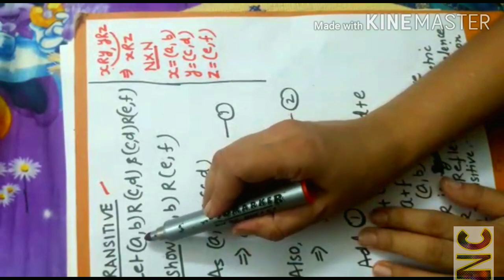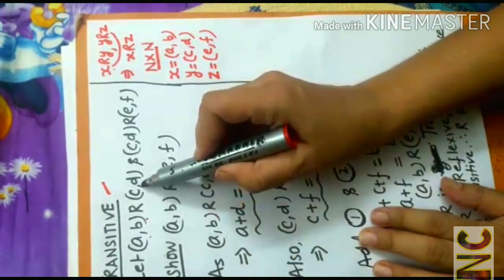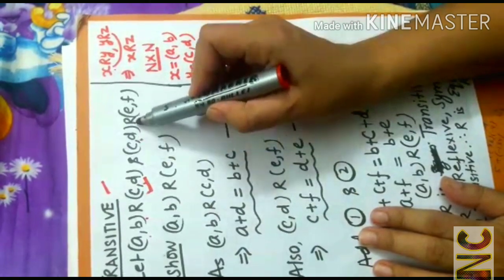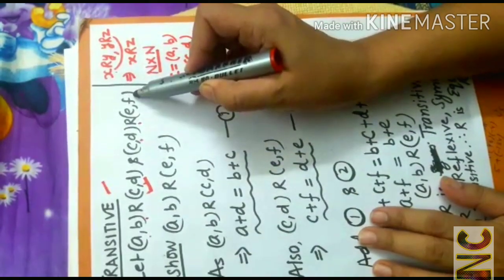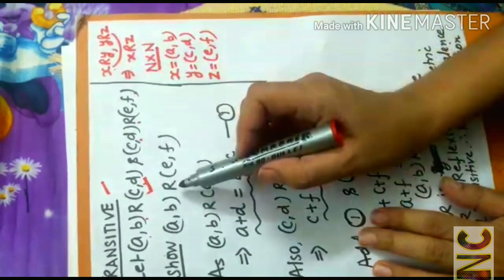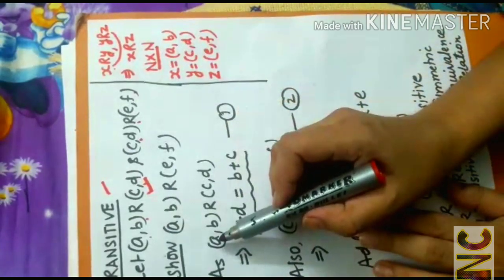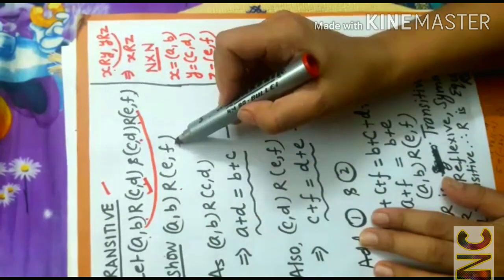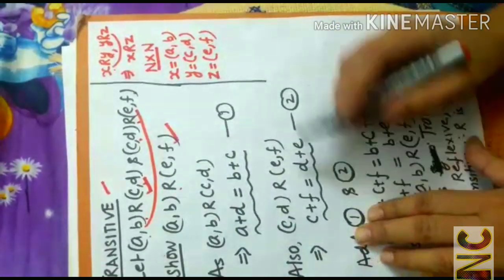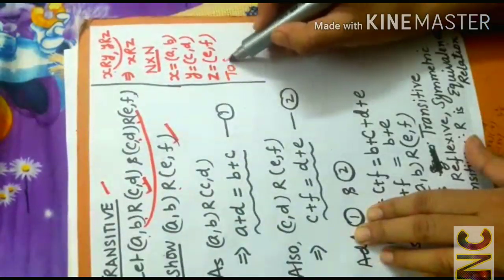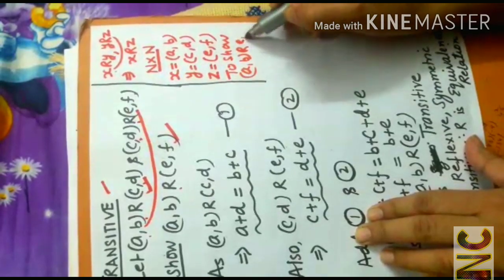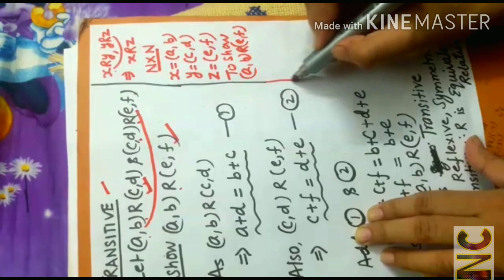So let (a, b) be related to (c, d) and (c, d) be related to (e, f). The relation will be transitive if I am able to show that (a, b) is related to (e, f).